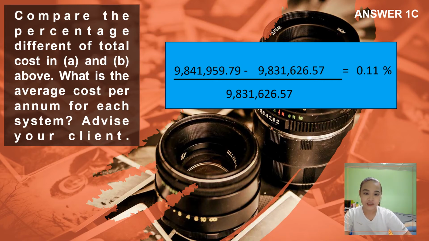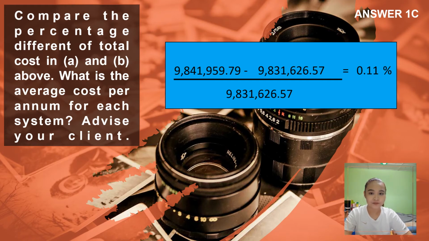For the calculation, 9841,959.79 minus 9831,626.57 over 9831,626.57, then you times with 100 and you will get 0.11%.